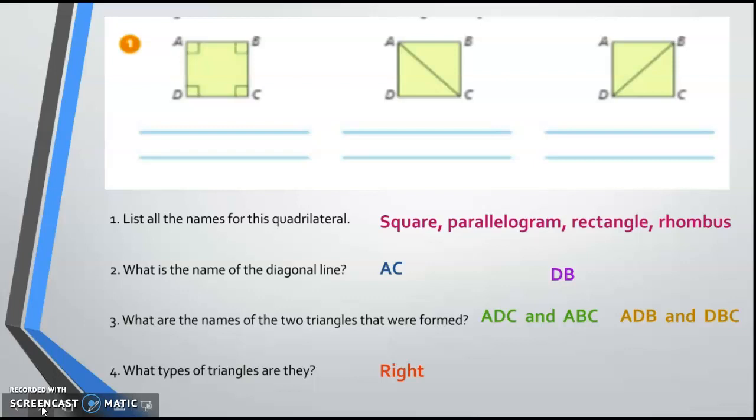At vertex A, there's my right angle. If I look at the other triangle in that picture, D and B are still acute angles, but vertex C is a right angle. So again, I have a right triangle. So when I decompose a square, no matter which diagonal I put it, I end up with right triangles. Remember that. Let's try a tougher one.